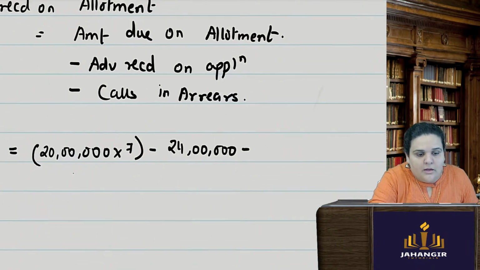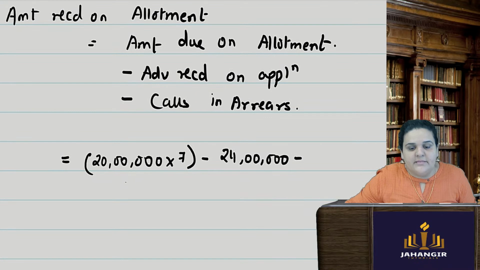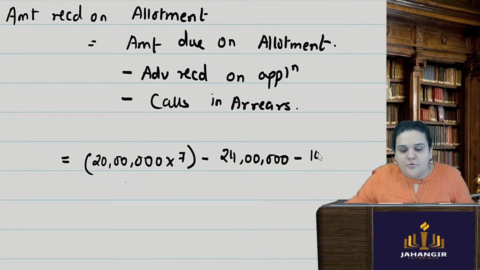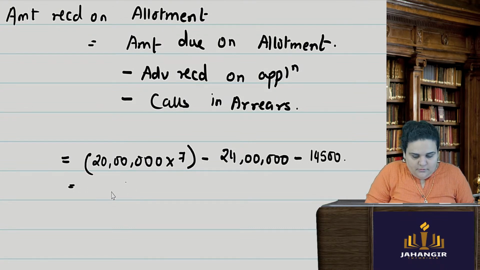So amount received on allotment here will be 20 lakhs into 7 minus 24 lakhs minus 14,500. 20 lakhs into 7 is 1 crore 40 lakhs, minus 24 lakhs, minus 14,500.